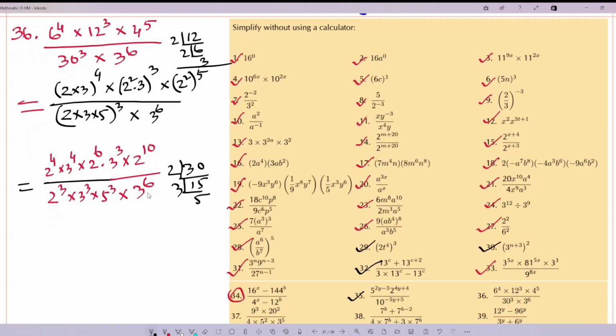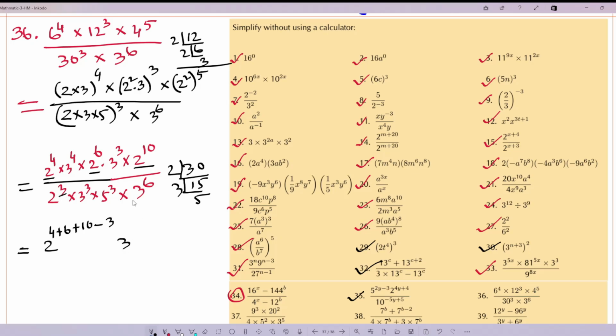Now, here is a big thing. Look, here is 2 to the power 4, 2 to the power 6, 2 to the power 10. So it will be 2 to the power 4 plus 6 plus 10, and here is 2 to the power 3, it will be minus 3.